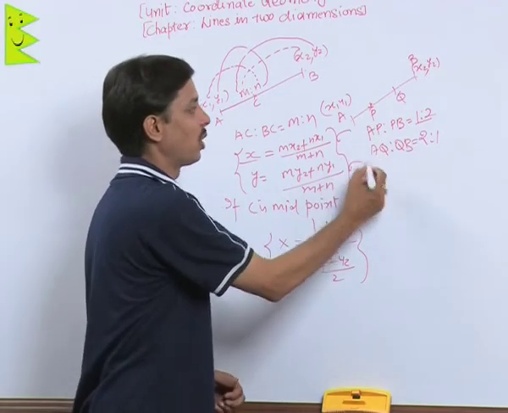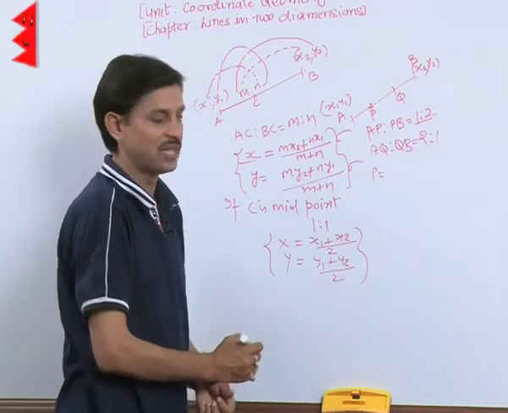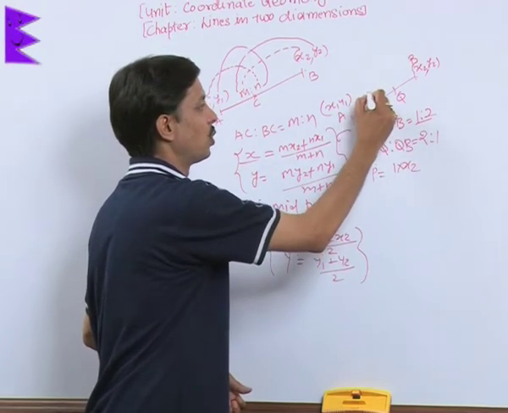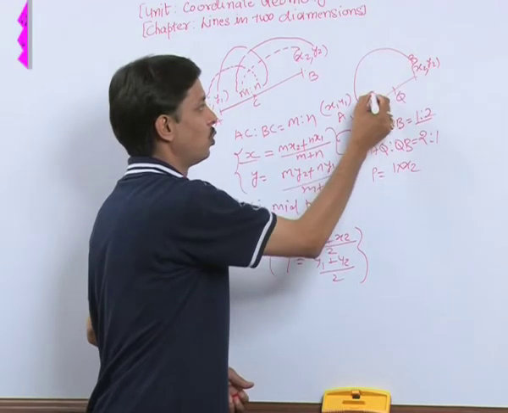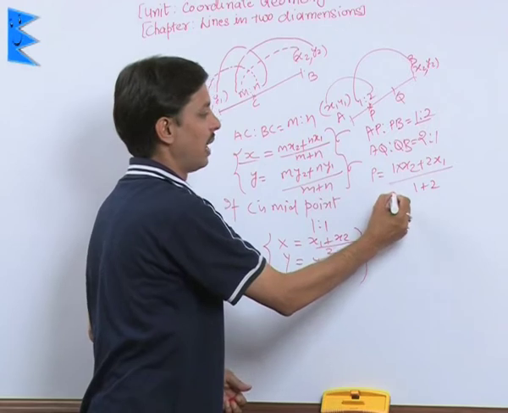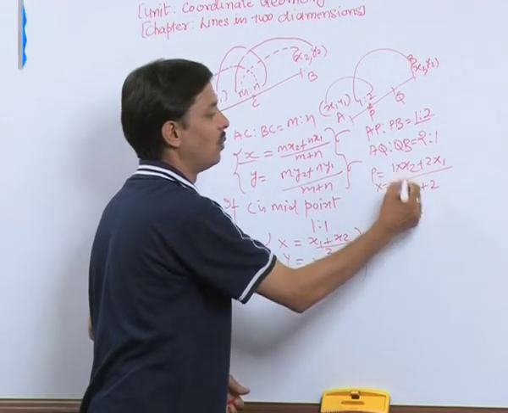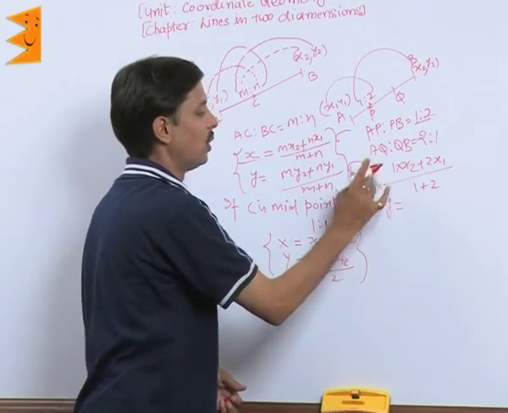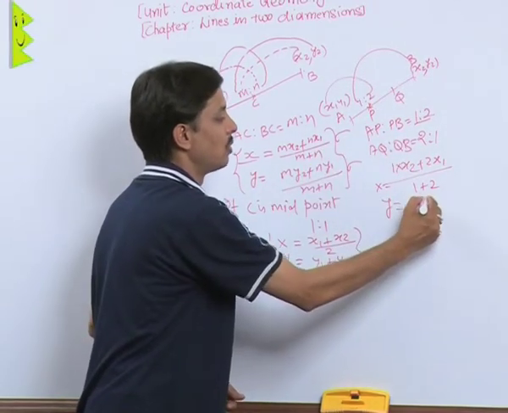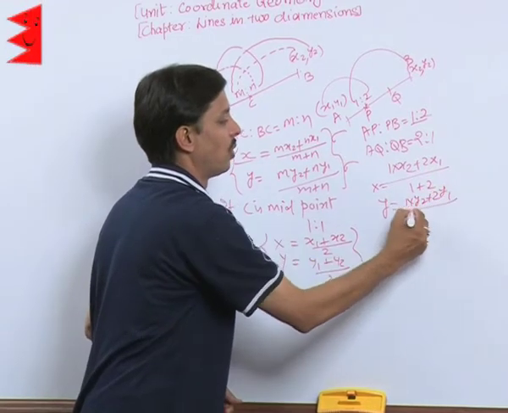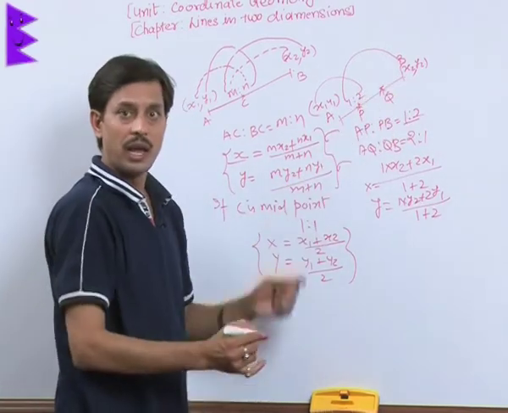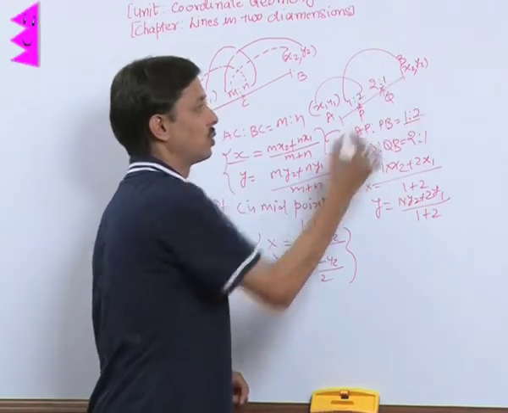So, if you want to find the coordinates of the point P, the first trisection point, it will be 1 into x2, because 1:2 is the ratio, plus 2 into x1 upon 1 plus 2, and the value of x is this. Similarly, the value of y at P will be given by 1 into y2 plus 2 into y1 upon 1 plus 2. The second trisection is at Q, and this goes with 2:1.